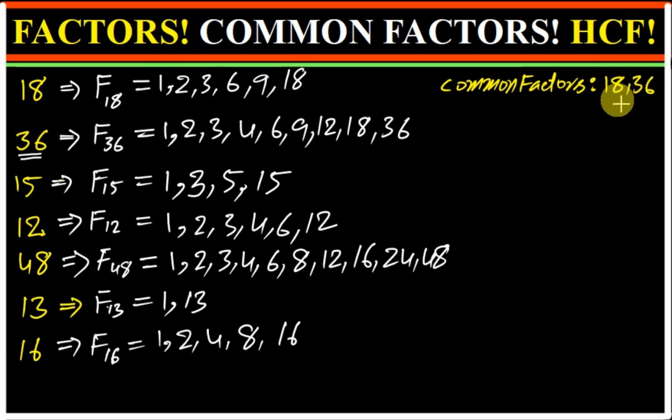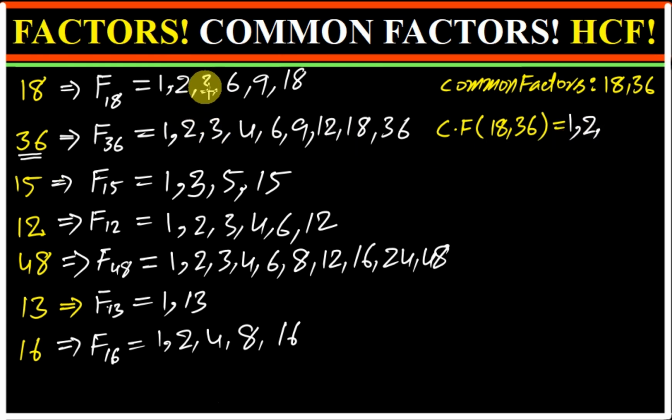What are the common factors of 18 and 36? In short, we'll write CF, the common factor between 18 and 36. We'll just see what the common factors are. You'll see 1 and 1 is common here. If you see, 2 is also common in both. So 2 is a common factor.